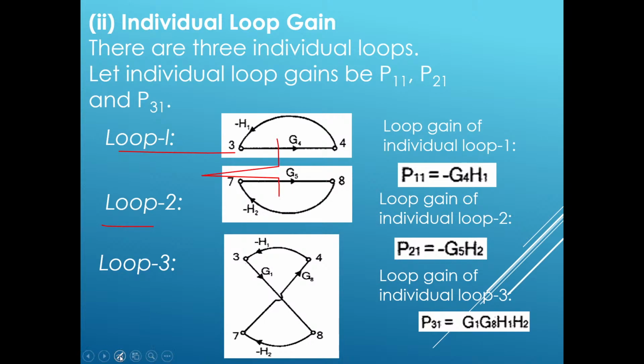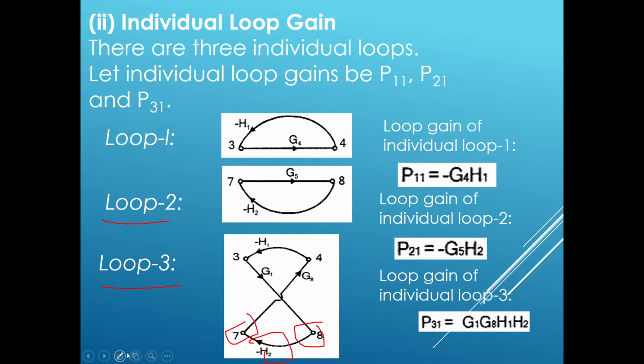Next, you compare loop 1 with loop 3. They have common nodes, 3 and 4 are common here. So they are touching loops. And if you compare loop 2 and loop 3, they have common nodes 7 and 8.